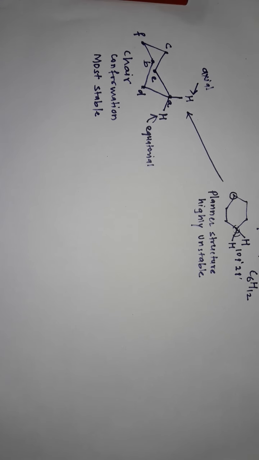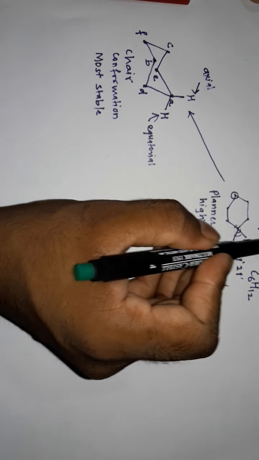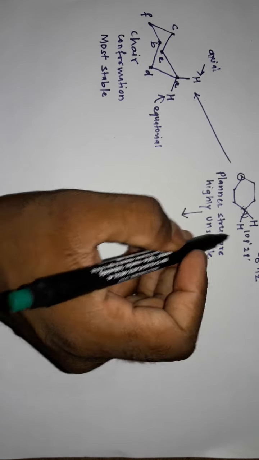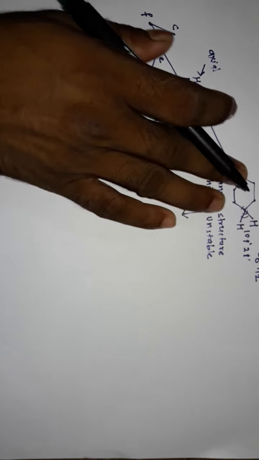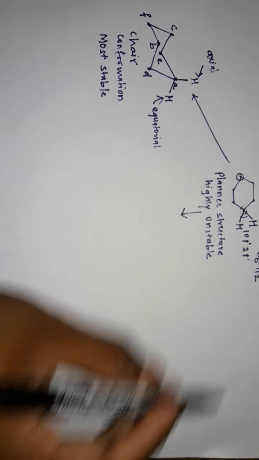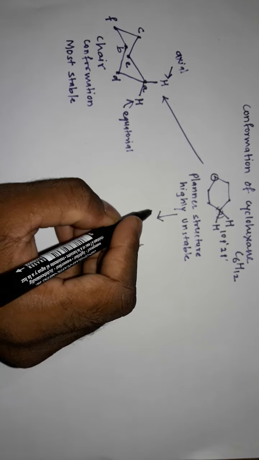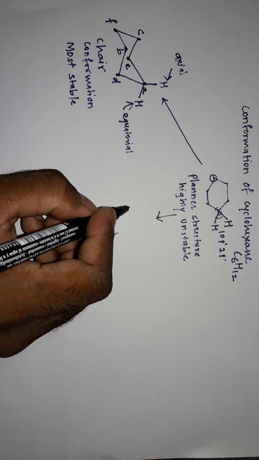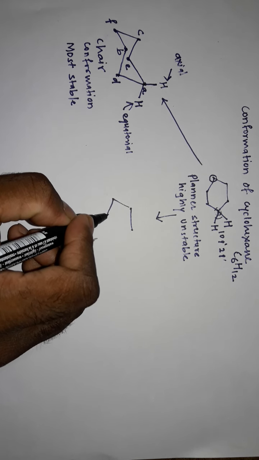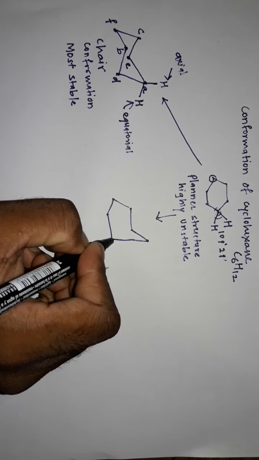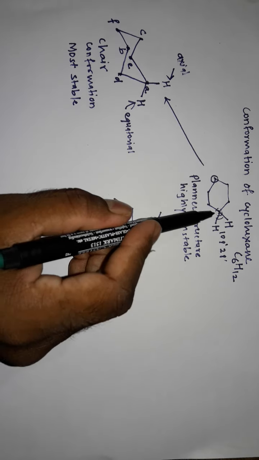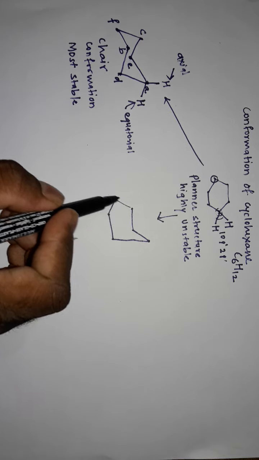Okay. So this structure we have got because of pulling this carbon above the plane and this carbon below the plane. Now if I pull only this carbon above the plane and keep all the other carbons in the same plane, let us pull this carbon above the plane. So we are going to get this structure. Only one carbon is out of the plane and all the other carbons are in the plane.